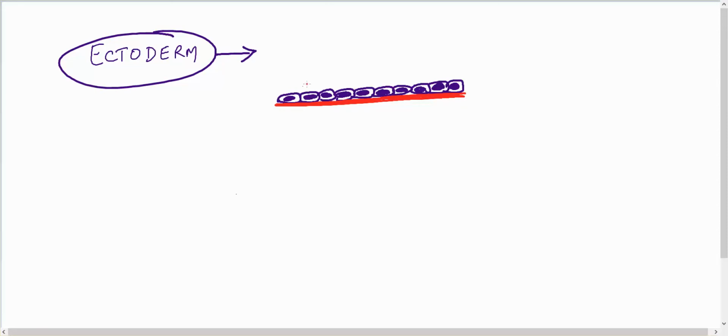So then these cells divide and form the cells above this layer.